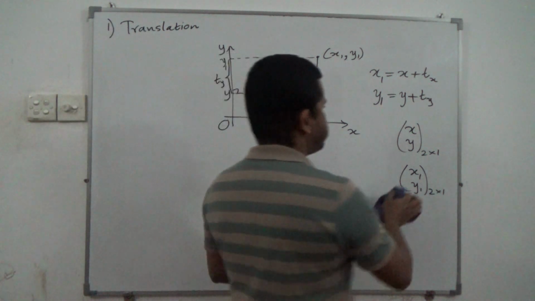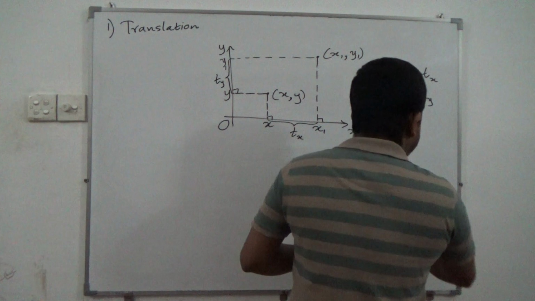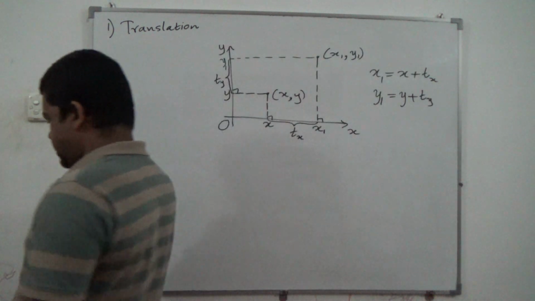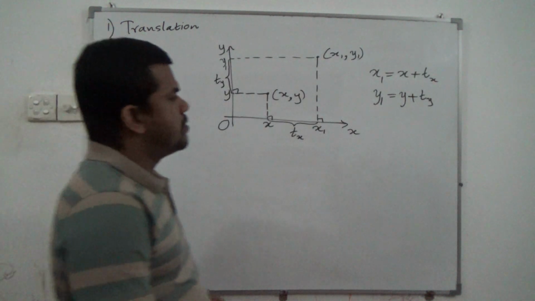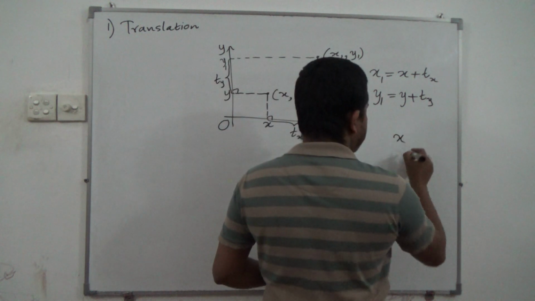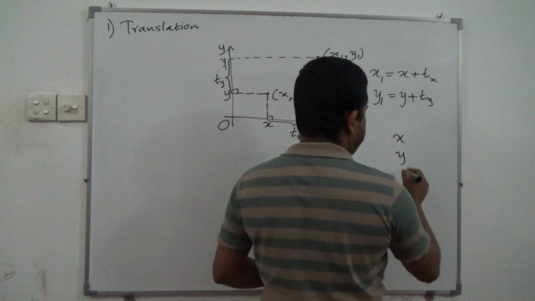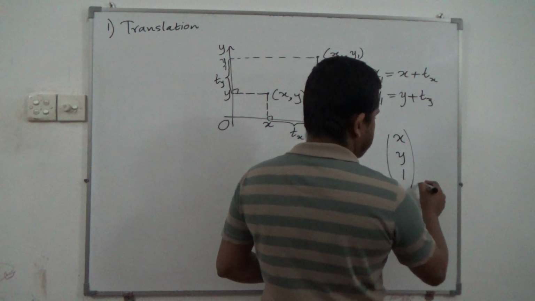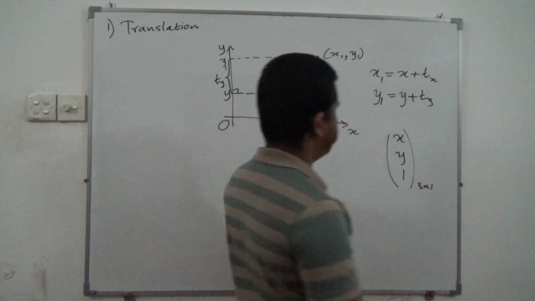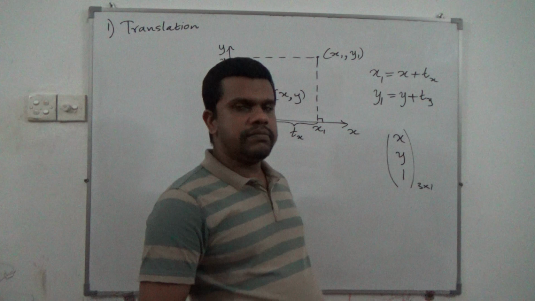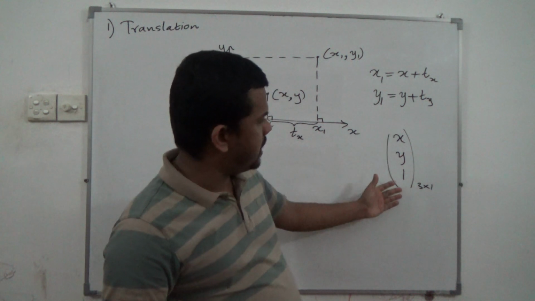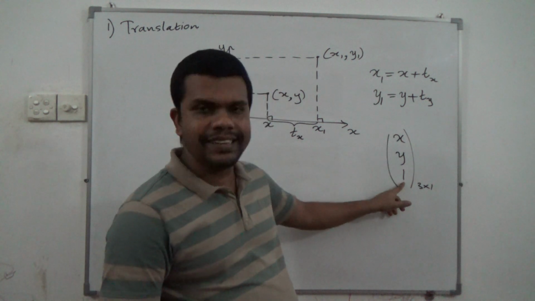Let's say instead of representing using a 2 cross 1 matrix, now we represent in this way, 3 cross 1. We represent the coordinate like this. We put 1 here.